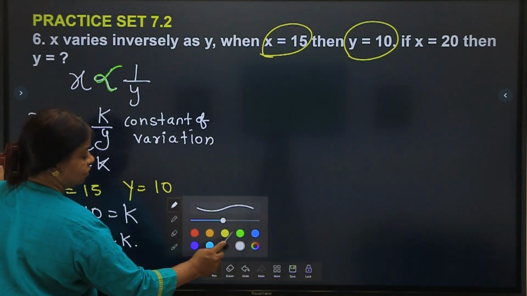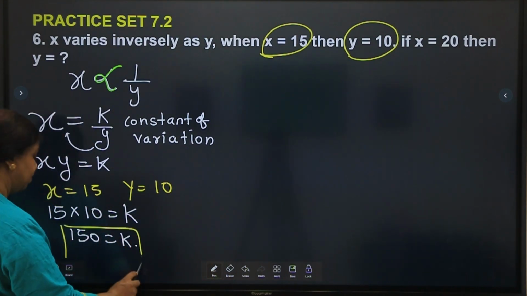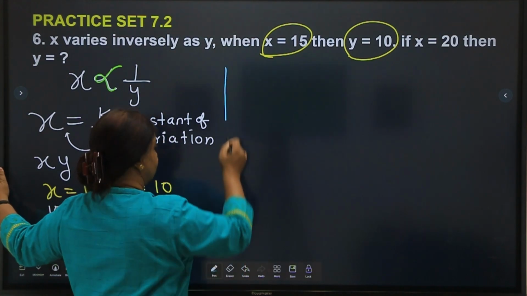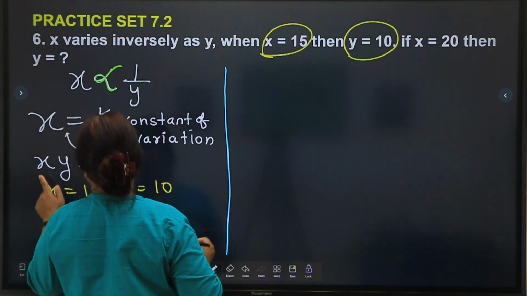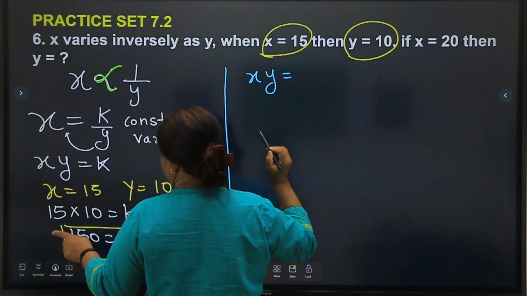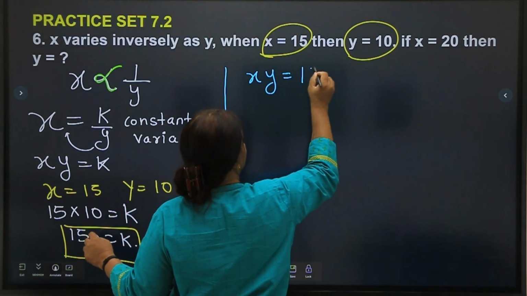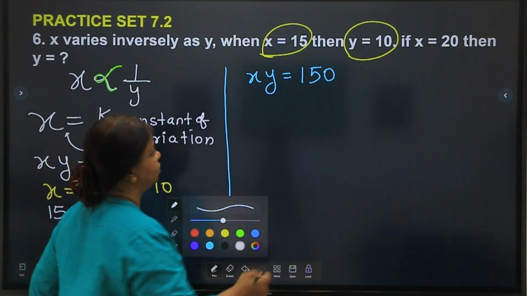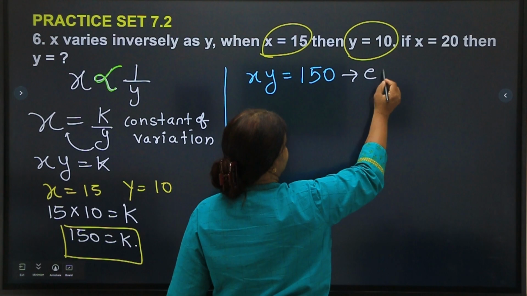Once you got the value of k, write the equation of variation. So xy is equal to k. K, what is k? 150, and this is your equation of variation.